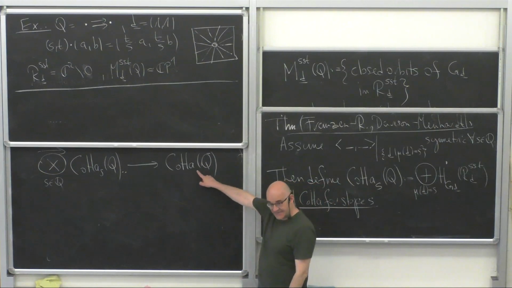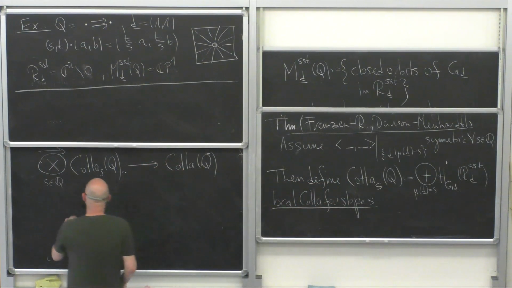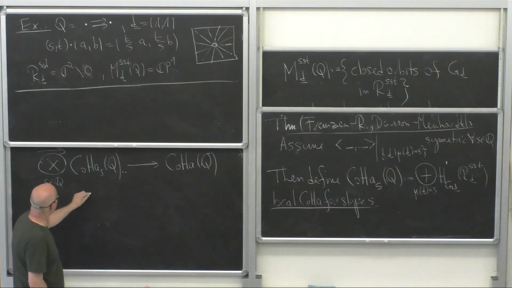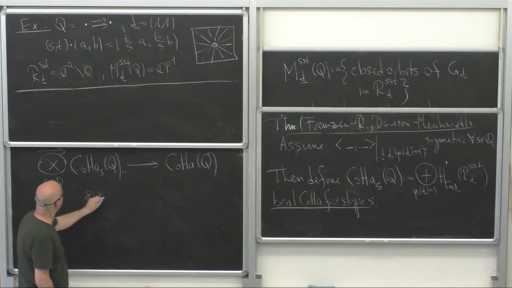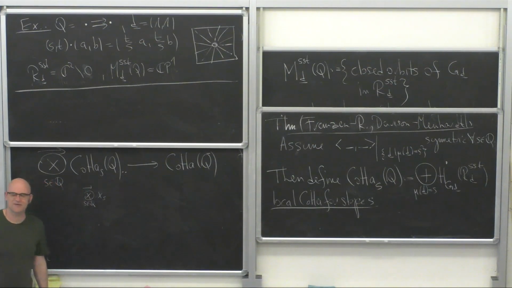This we don't understand because we're in the non-symmetric case. The map from here to here is the following. An element in here is an infinite ordered tensor of elements x_s. This doesn't make sense.